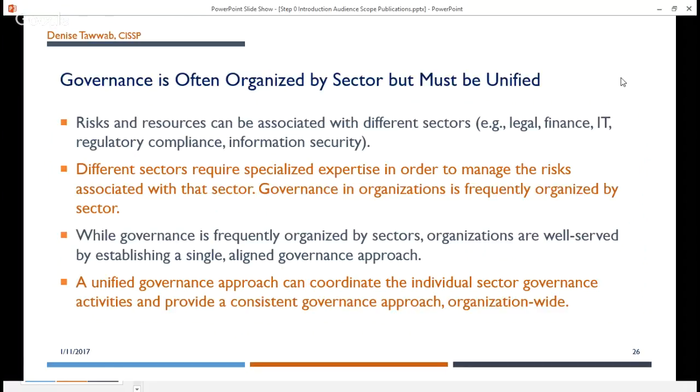And while governance is organized by sectors, organizations are well served by establishing a single aligned governance approach. So it's okay to divide it up by sector, but make sure that each sector has the same approach. A unified approach can coordinate the individual sector governance activities and can provide a consistent approach organization-wide.